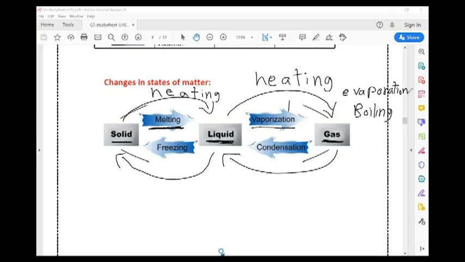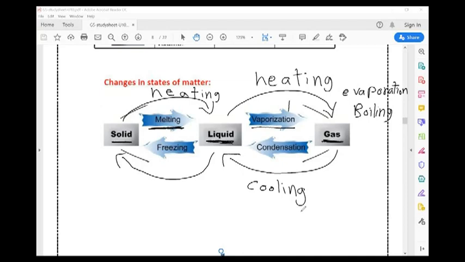What about the change of matter from gaseous state to liquid state? The opposite process of vaporization is condensation. Condensation happens by cooling.